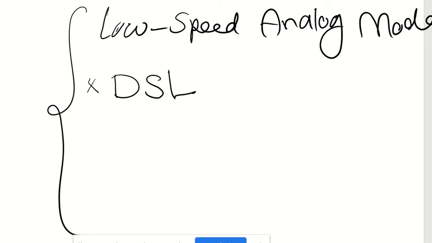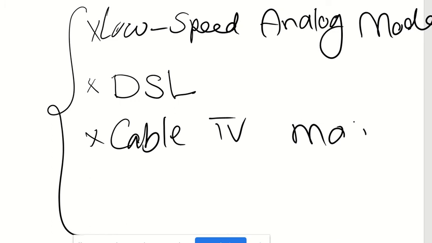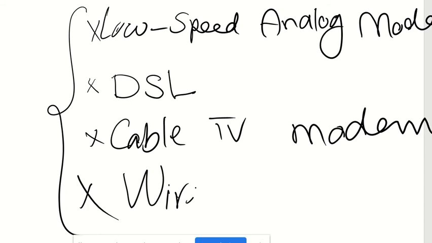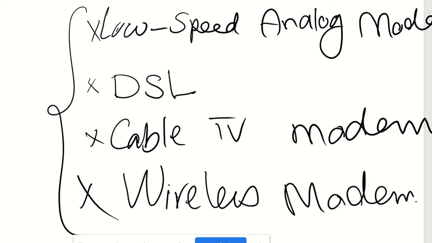It stands for Digital Subscriber Line modems. This is one kind of modem. The other one is cable TV modems. And the next one is for wireless communication, wireless modems. Okay, so these are the different kinds of basic modems.